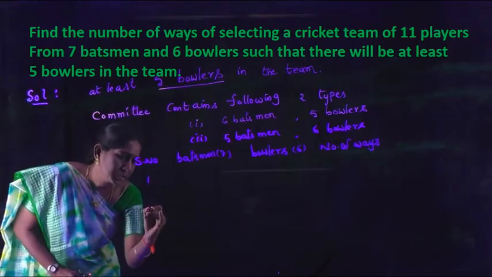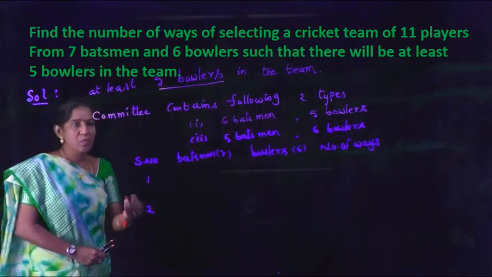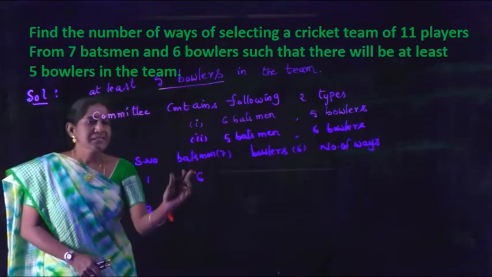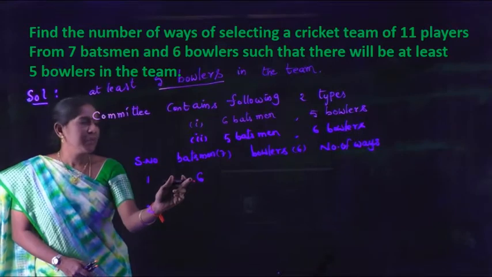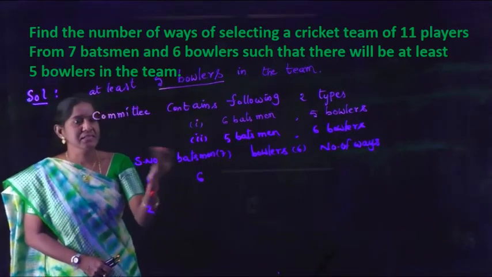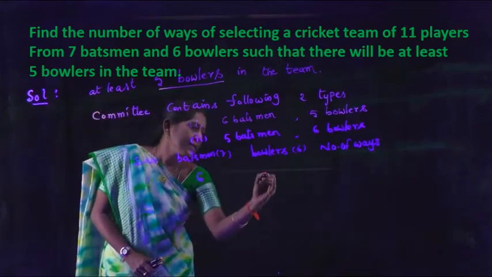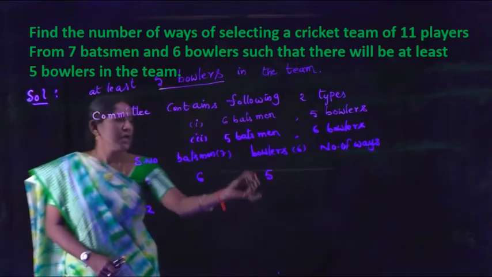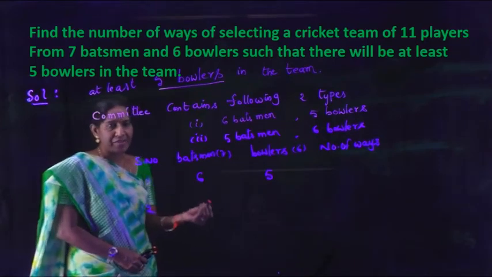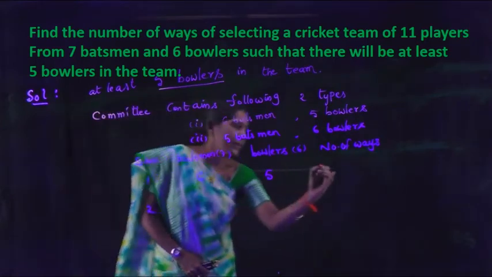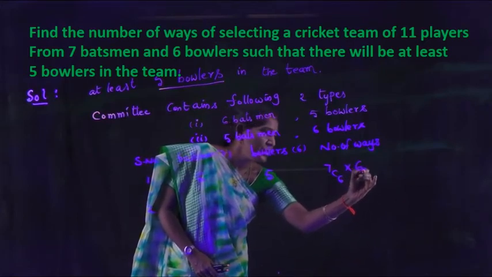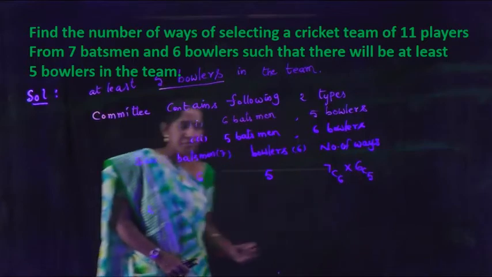There are 2 types. Serial number 1, 2. Batsmen, 6 batsmen. Select 6 batsmen out of 7 batsmen in 7C6 ways and select 5 bowlers out of 6 bowlers in 6C5 ways. This can be done in 7C6 into 6C5 ways.